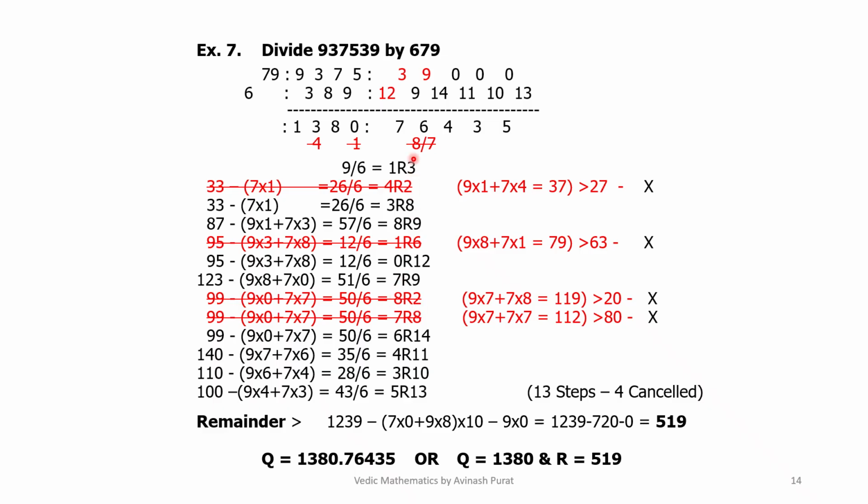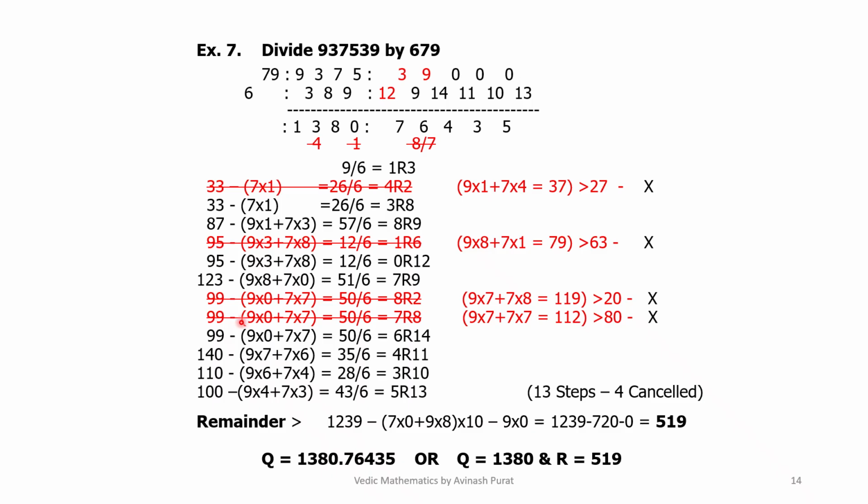If we take quotient as 8, then 8 into 6, 8 6 are 48, so 2 is remainder. Now if we take quotient as 8 and remainder 2, the next line would be 9 into 7 plus 7 into 8, that is 119, which is bigger than 20. So this quotient of 8 is not suitable.